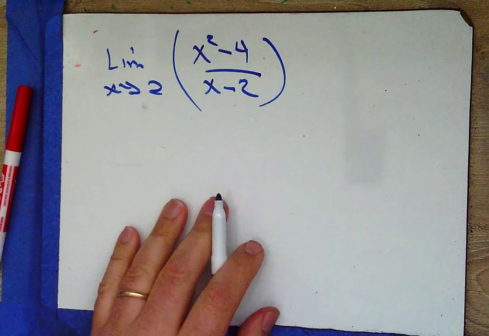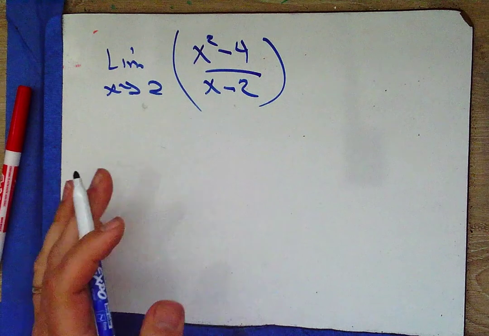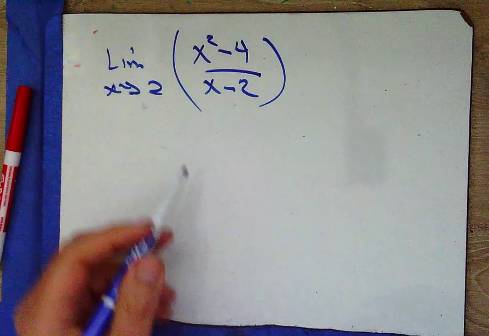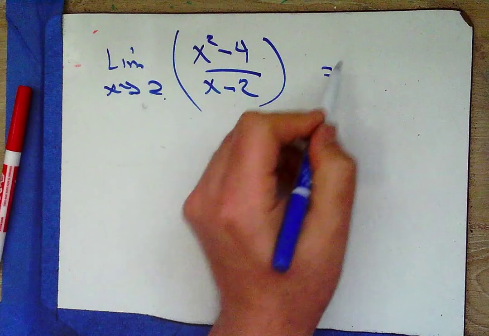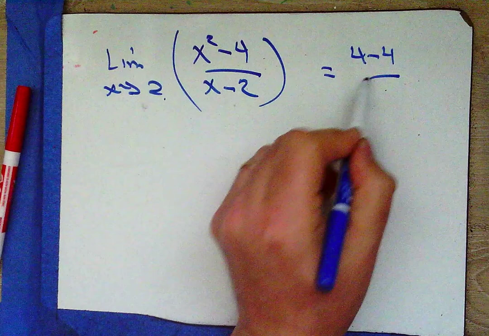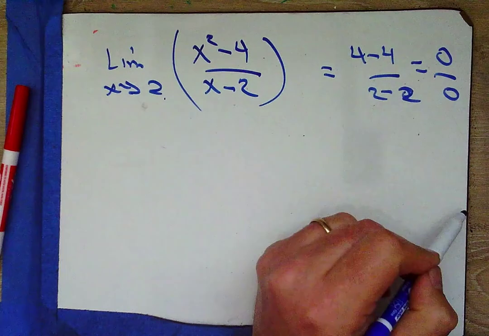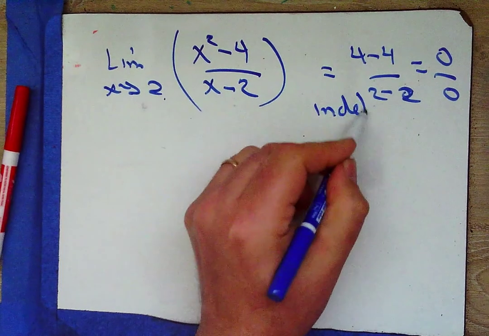Come back if you are stuck and have questions, or if you are done and you want to check your answer. Okay, so when I plug a 2 in, I end up with 4 − 4 over 2 − 2, and that's 0 over 0, so we have indeterminate form.